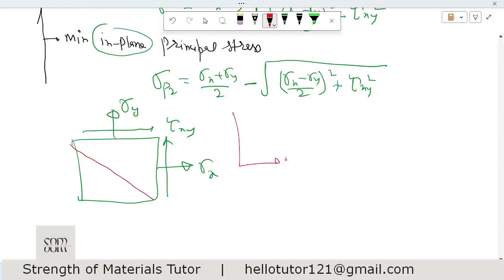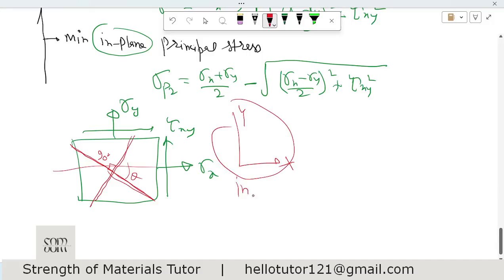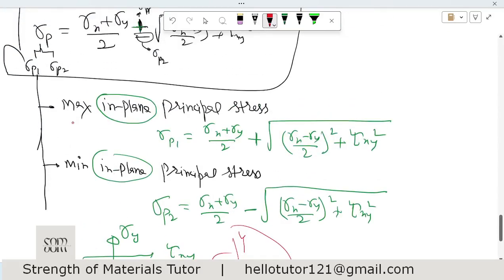It is in the xy plane. In the same xy plane, at some angle, we will have this principal plane, and there will also be another principal plane at an angle of 90 degrees, but all of them will be in the same plane. So that is why I use the word in plane. Now you understand why I write in plane stresses.